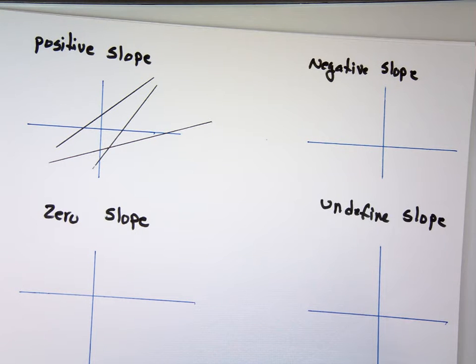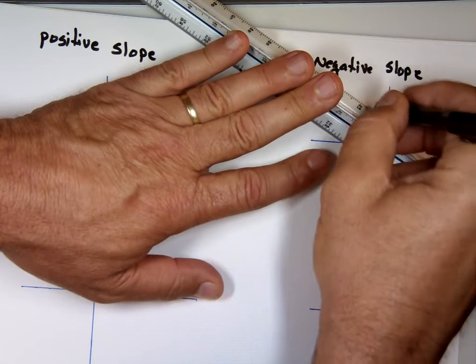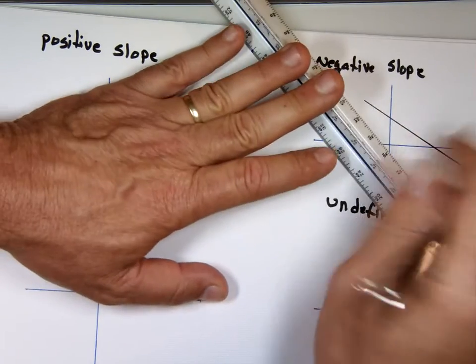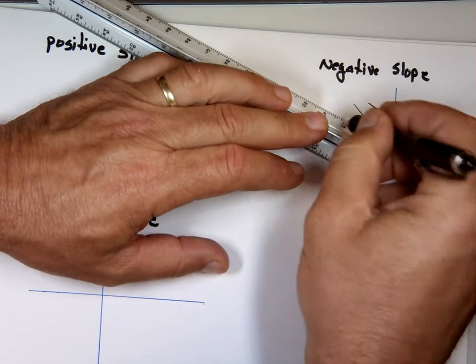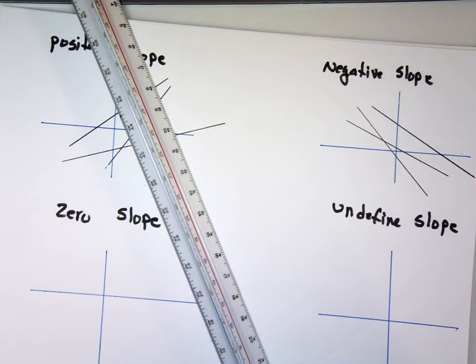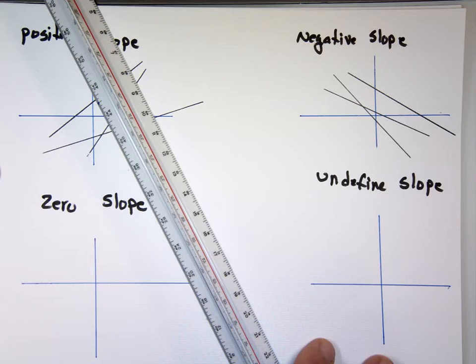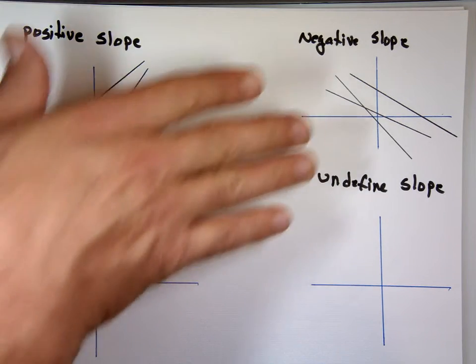What's a negative slope? As you go left to right, the y value is dropping. All of these have negative slope. This is a plane taking off, it's rising. This is a plane landing, coming down.